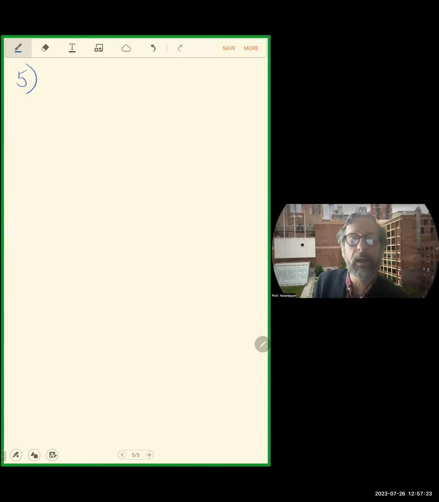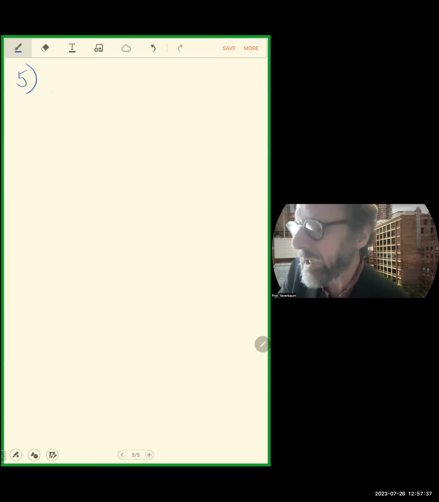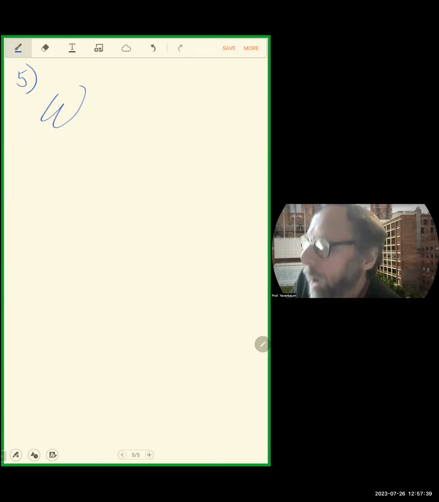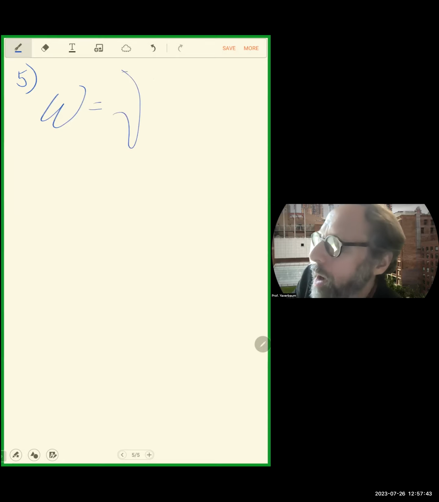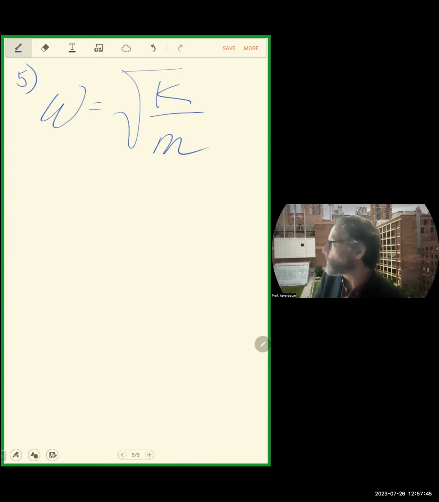Could we actually calculate the stiffness of this metaphorical spring? Like, this isn't literally a spring, but if we're saying it's acting springy, how springy is it? Yes, we can do that. The bottom line is that the omega of this system is likened unto the square root of stiffness over mass, from our original problem 1, right?